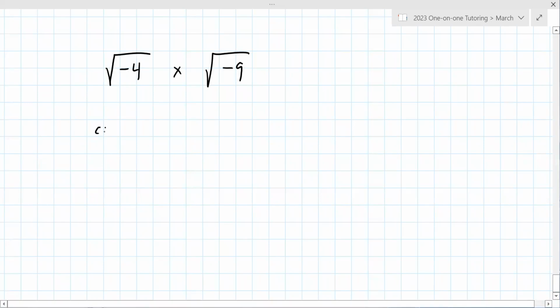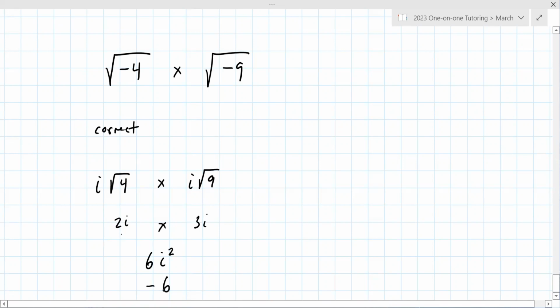The correct way is to say it's i square root 4 times i square root 9. The square root of 4 is 2, the square root of 9 is 3, 2 times 3 is 6. i times i is i squared, and i squared is negative 1. This becomes negative 6.